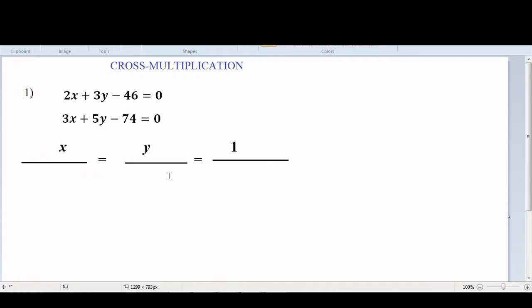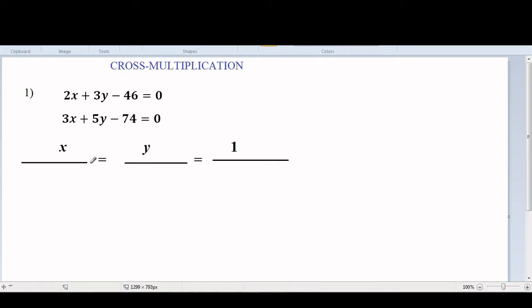Now in these gaps we have to fill up something. This one will give the solution for x, and this gap will give the solution for y. By comparing this part with the constant part, we will get x, and by comparing this part with the constant, we will get the value of y.